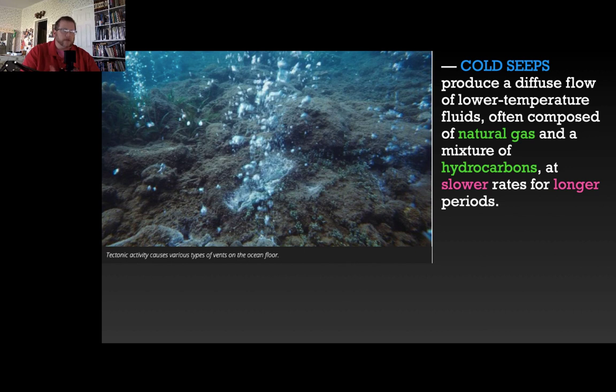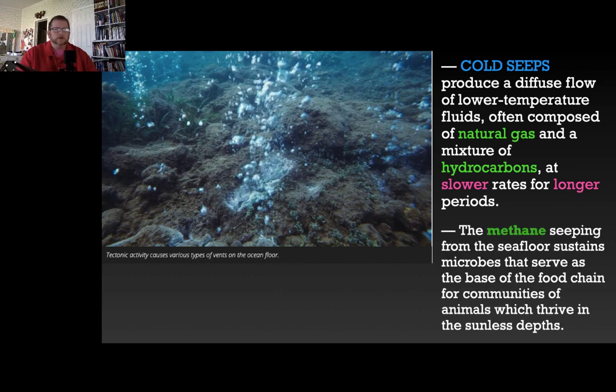They won't stay there. It won't be a long-term ejection of material. So a cold seep is going to be letting those gases out slower, but it's also going to go for a longer period of time. So methane seeps through the floor, and then the microbes in that area use the methane to create food, which all of the animals in those sunless areas provide.